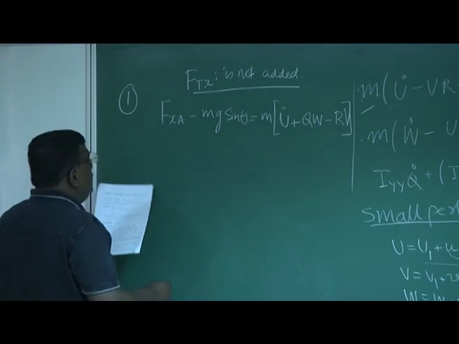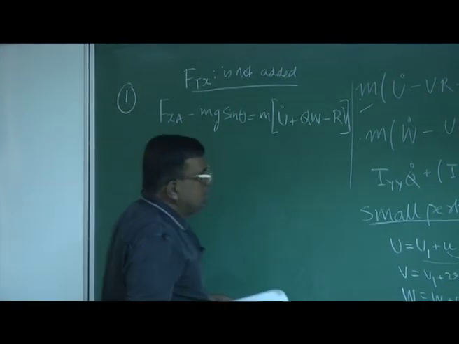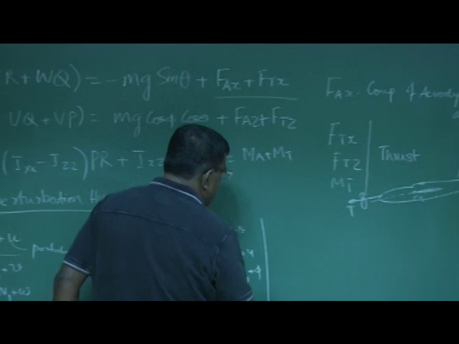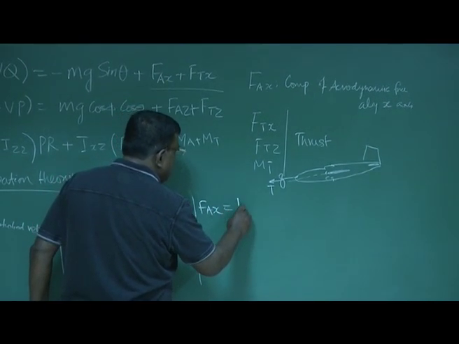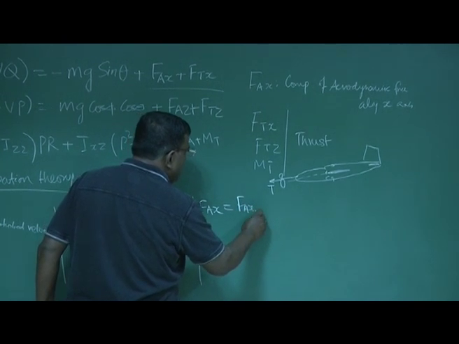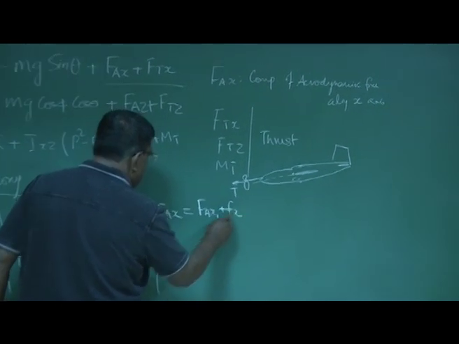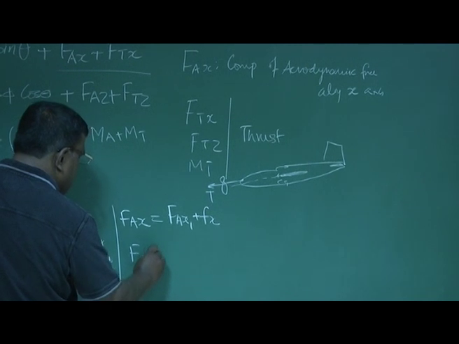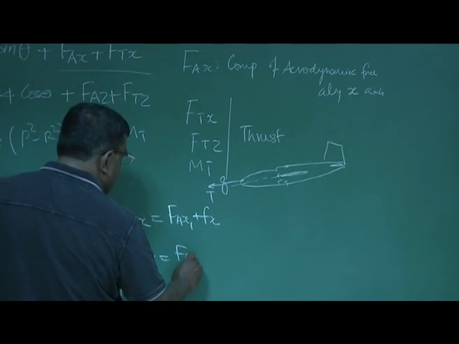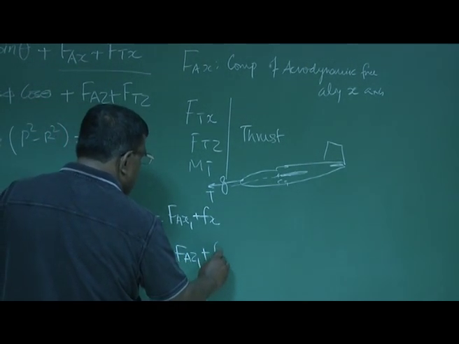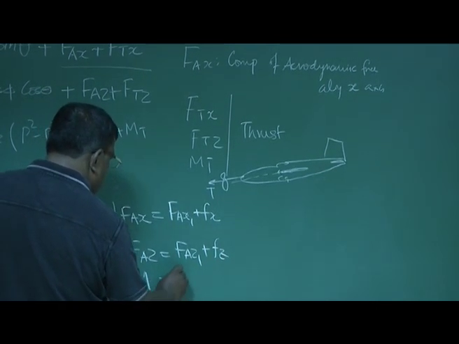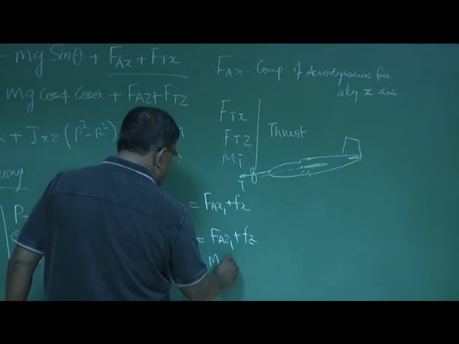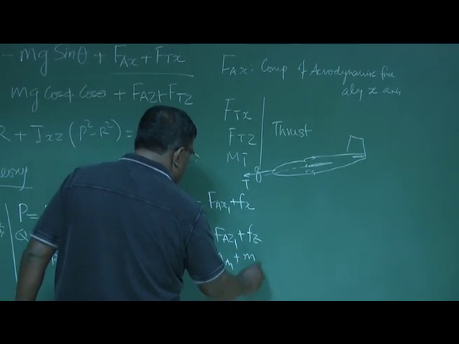Okay, so now what is to be done? Yes, this is f(x), I can write as f(x1) plus fx. I will explain what it is. f(az), right, f(az1) plus fz, and m is equal to m1 plus m.